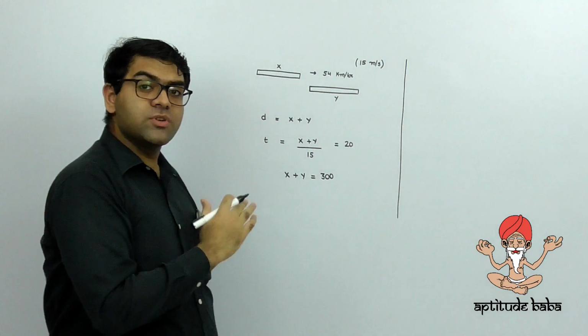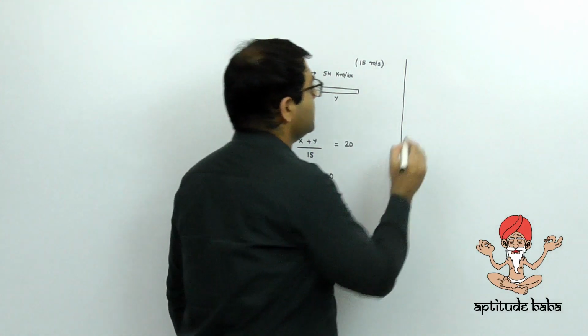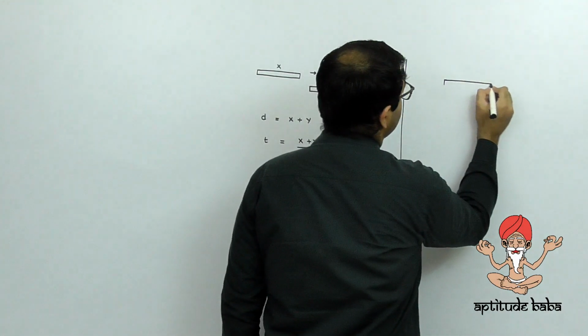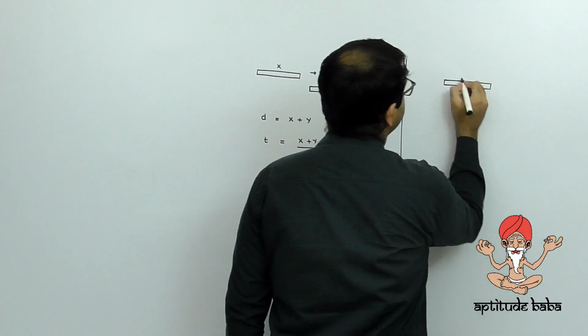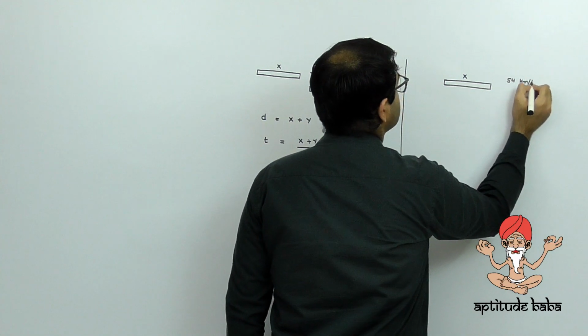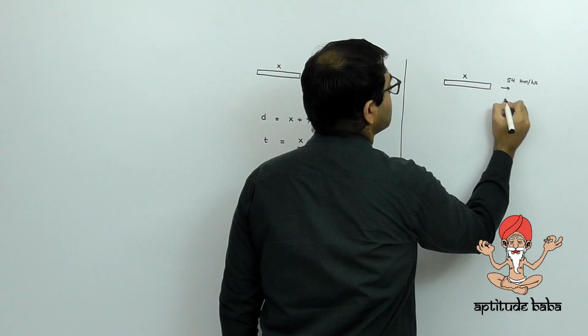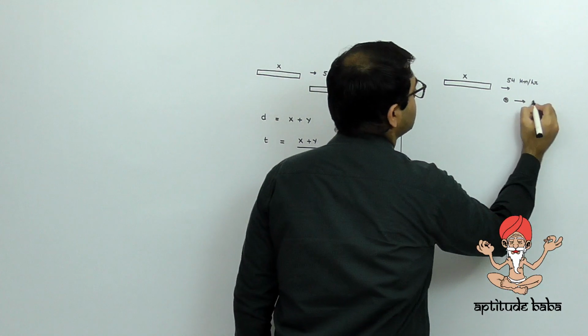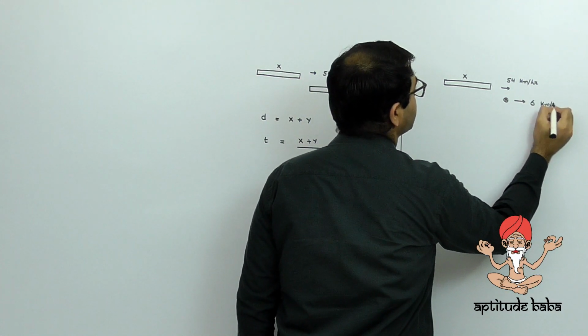In the second half of the question, we have the same train, so obviously a train of length x moving at the same speed, which is 54 kilometers per hour. So we have the same train crossing a man walking in the same direction at 6 kilometers per hour.